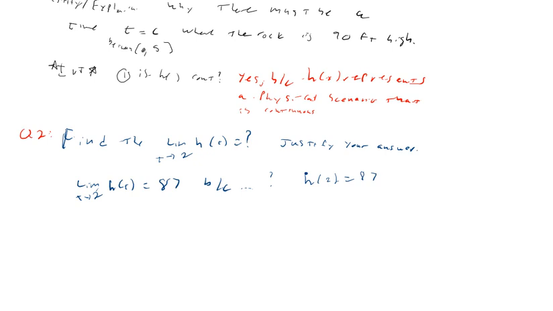But how do I connect this value with a limit? The thing that connects the value you get in the table and the limit you find as it approaches a value is the definition of continuity.